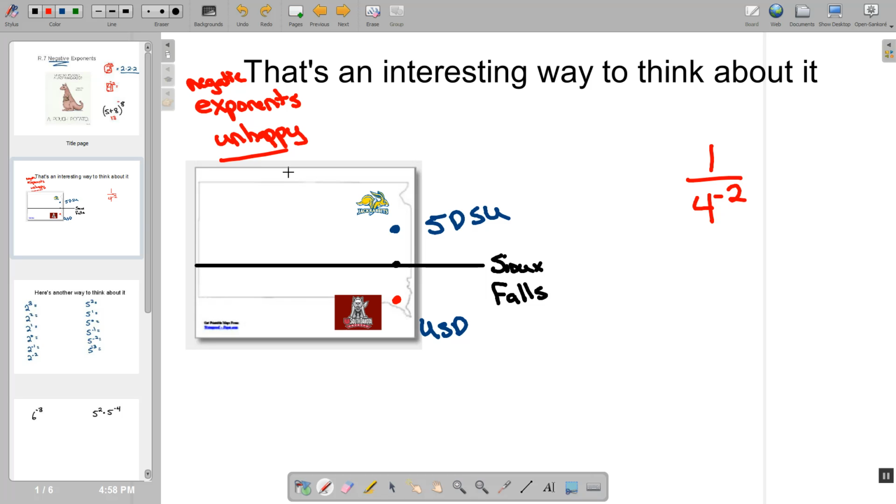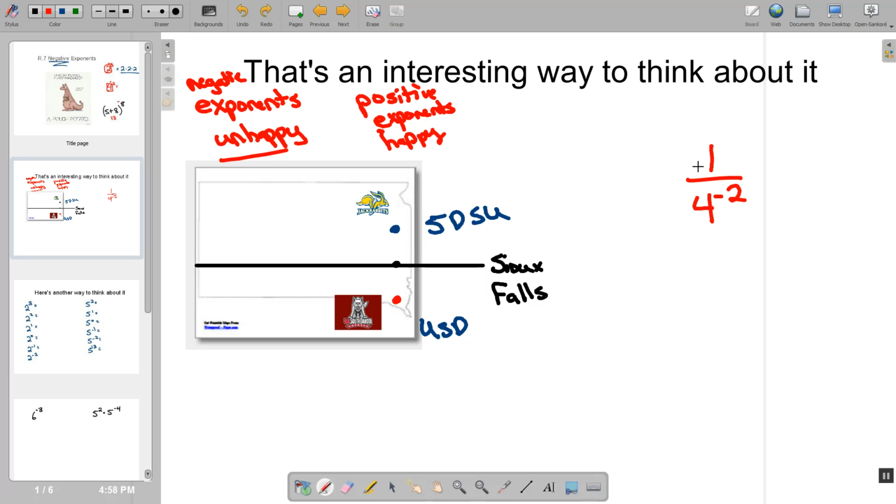They want to move, they're unhappy. And positive exponents are happy people. They don't need to go anywhere. So in this case, we have an exponent that needs to move.